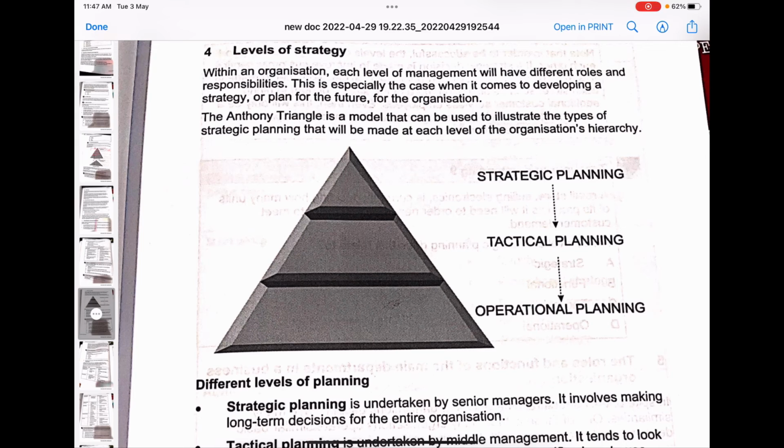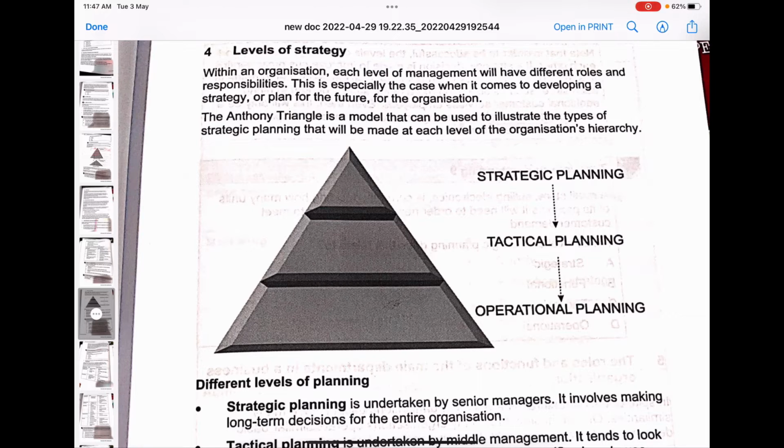Moving on to levels of strategy within an organization. Each level of management will have different roles and responsibilities, especially when it comes to developing a strategy or plan for the future of the organization.